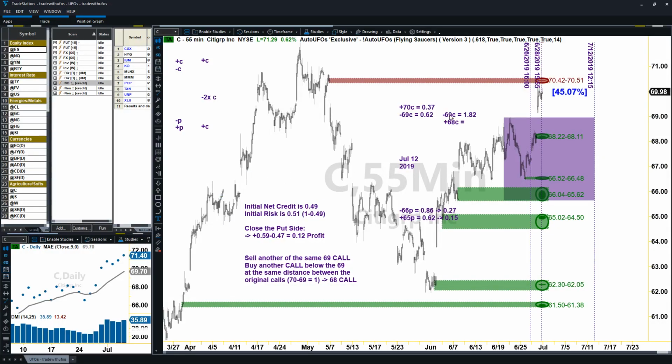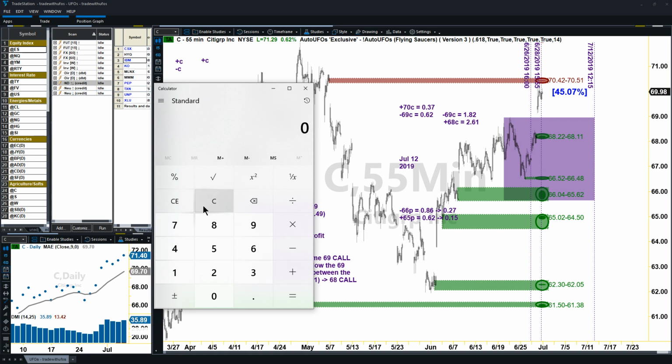So let me write it down. So think about what is the new risk of the trade. Okay, so this trade now will collect a total credit of 0.62 plus 1.82 minus 0.37 minus 2.61.